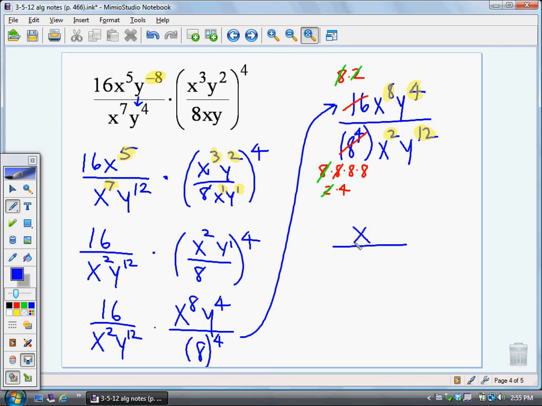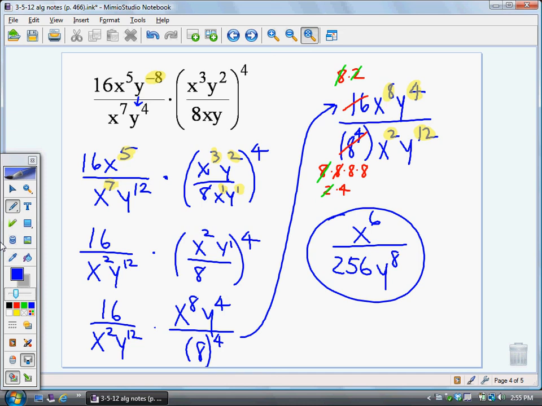That's going to be x to the 6th on the top. And I've got 8 times 8 times 4, which is 256. That's all in the denominator. And then I had 4 y factors on top and 12 y factors on the bottom. That's 8 y factors that remain on the bottom. And so I have x to the 6th over 256 y to the 8th.